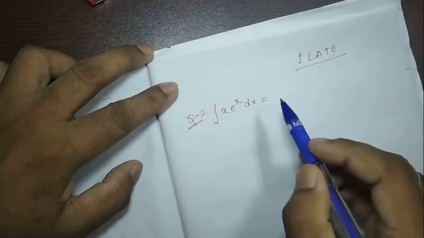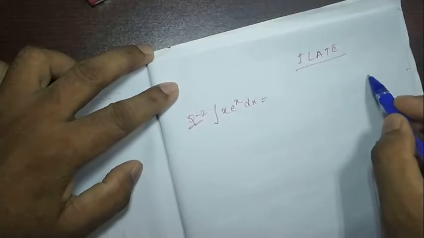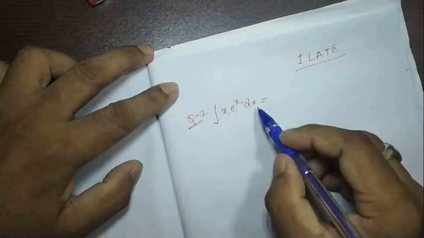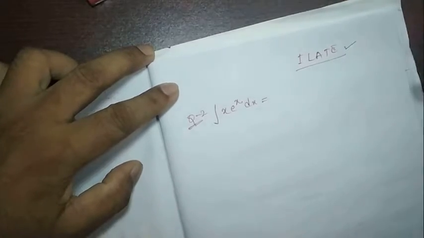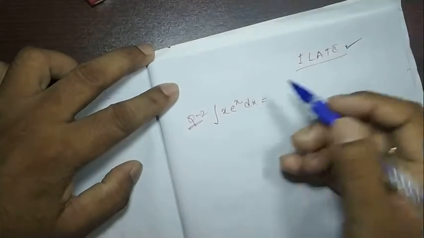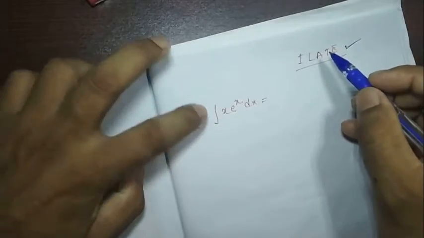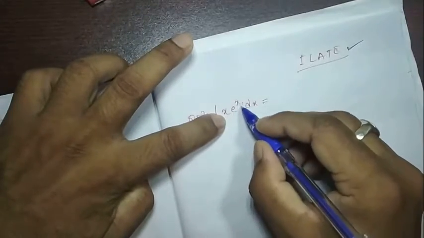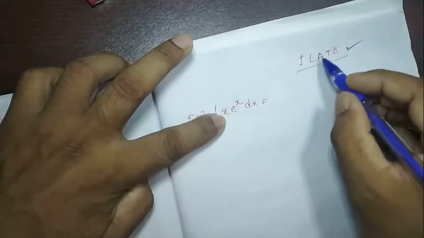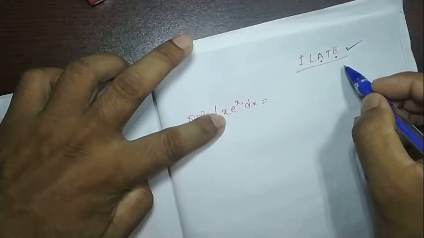To write the general formula of by parts, first we have to consider the ILATE trick to decide which one will be the first and which one will be the second function. So if we move from this side, we find that x is arithmetic and e to the power x is exponential. So first we are going to interact with arithmetic, then we are going to interact with exponential.